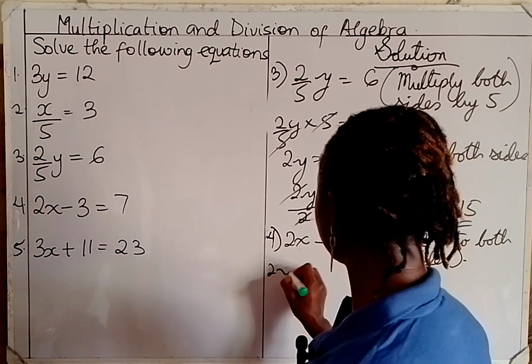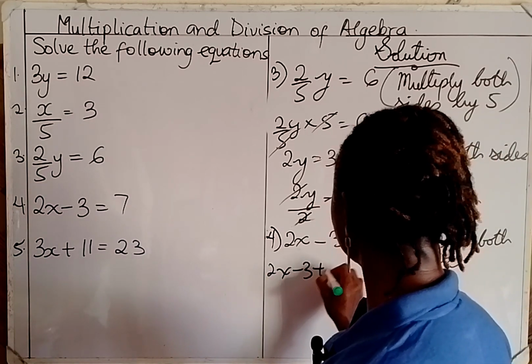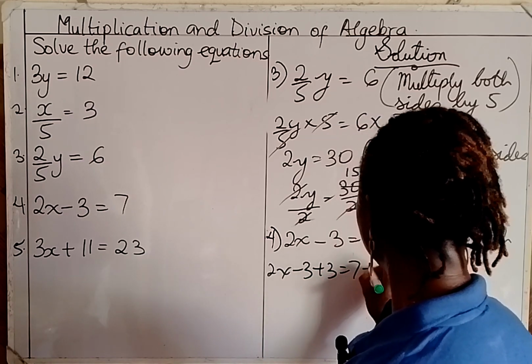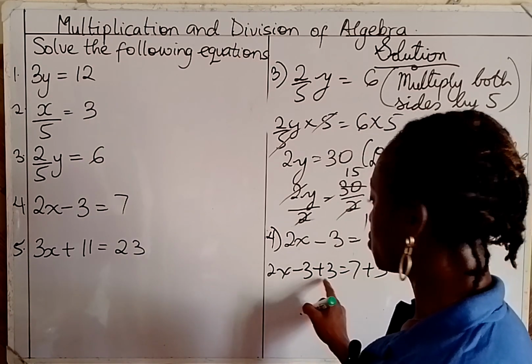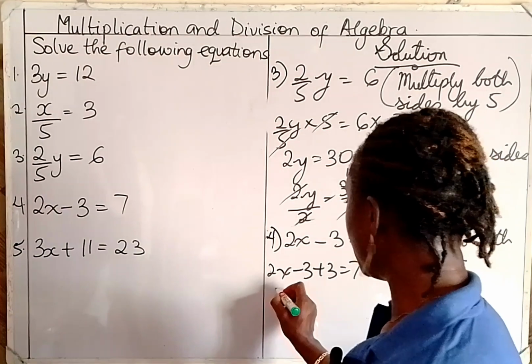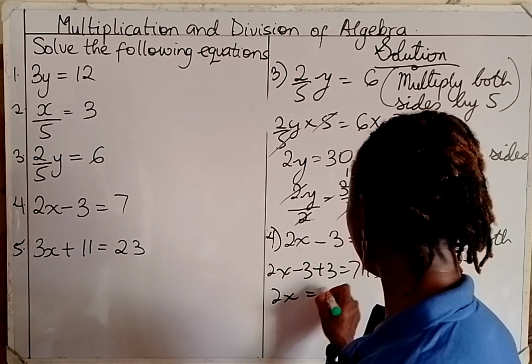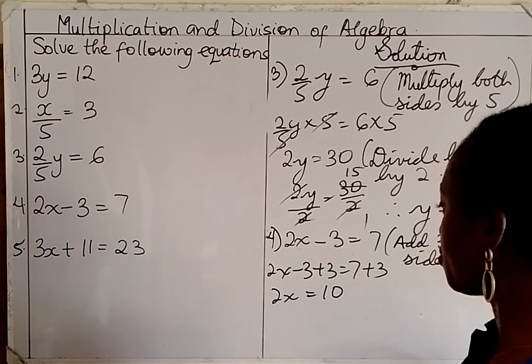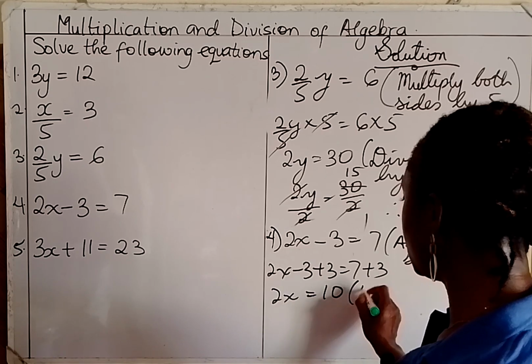So we have 2x minus 3 plus 3 equals 7 plus 3. Minus 3 plus 3 equals 0. So we have 2x equals 10, because 7 plus 3 is 10. Then from here we divide both sides by 2.